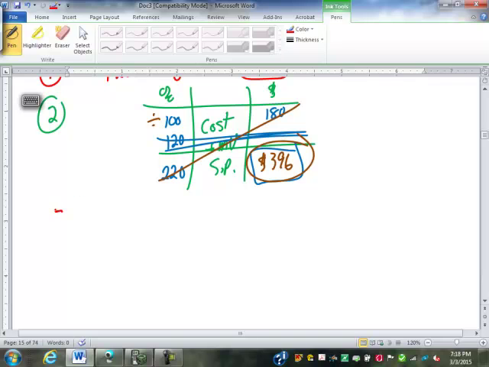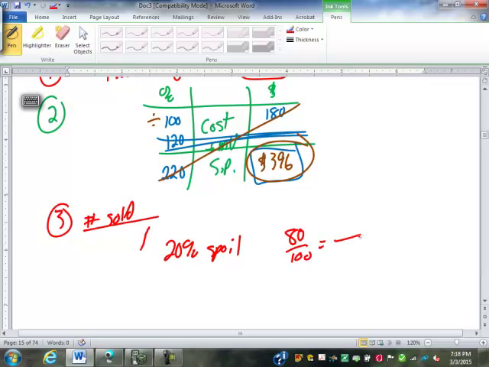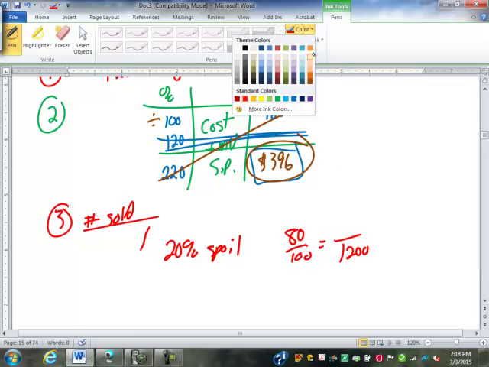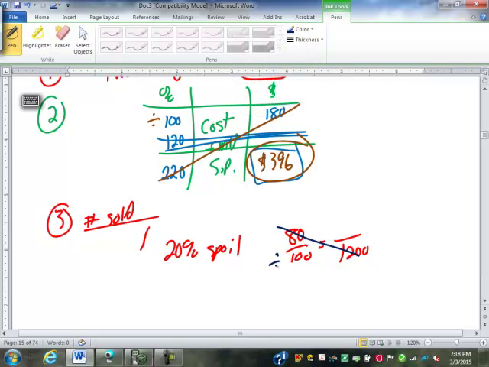Step 3 is still the same. What do we need to find here? How many are sold? What percent spoil? 20% spoil, which means 80% of the 1,200 are going to be sold. So we're going to sell 960 of them.